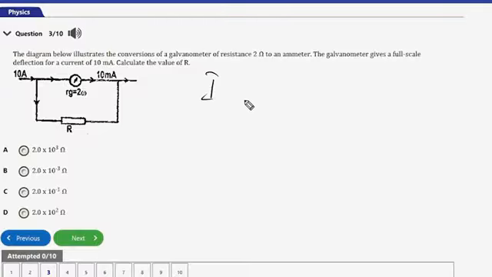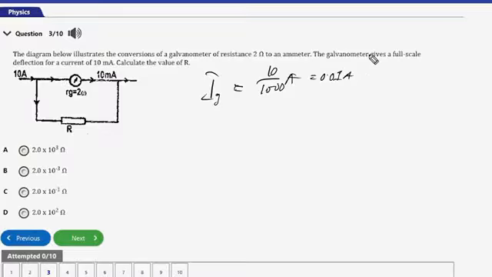The current of the galvanometer is 10 milliamps, and 10 milliamps is 10 over 1000 amps, that's 0.01 amps.